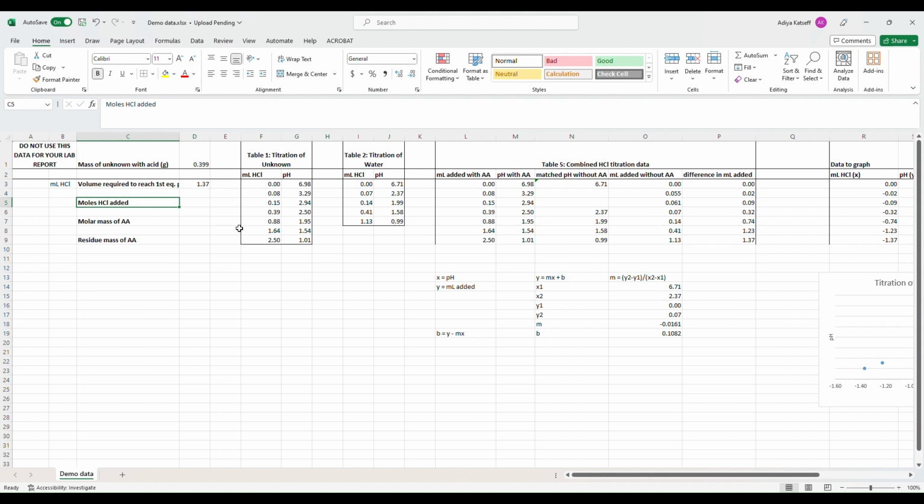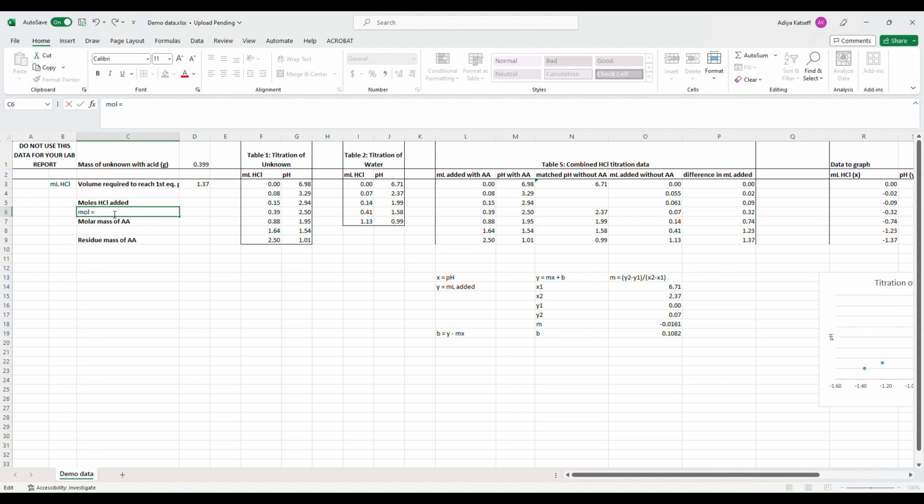And then once we know how many mils of HCl we added, you can use that information to figure out how many moles of HCl we added. To figure that out, we can use information about the concentration as well as the volume.